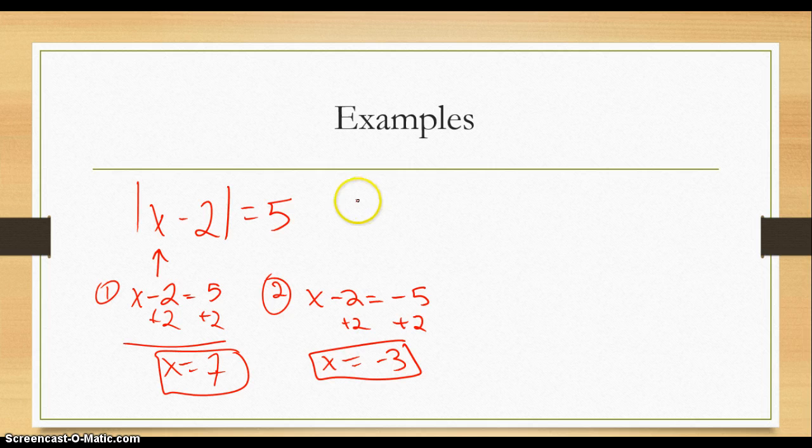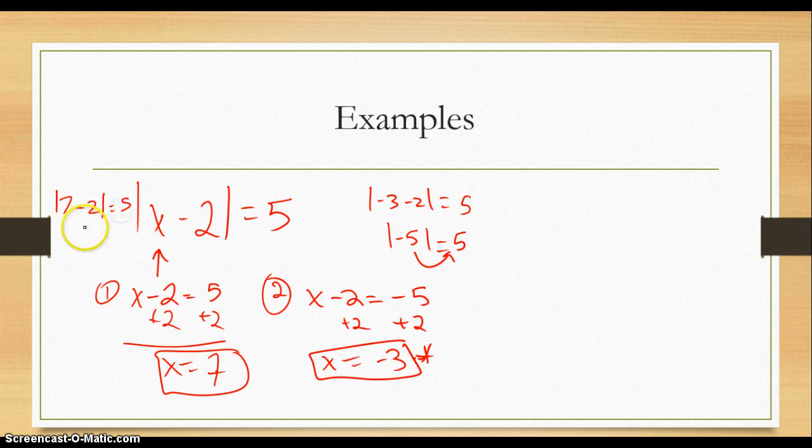So let's say we have the absolute value of negative 3 minus 2, we're checking this one right here, equals 5. Well, we know that negative 3 minus 2 is negative 5, and the absolute value of negative 5 is 5. So that works out. Over here we know that the absolute value of 7 minus 2 equals 5, so the absolute value of 5 equals 5.